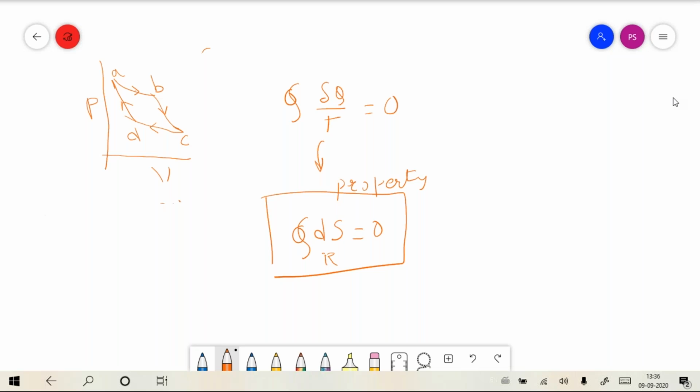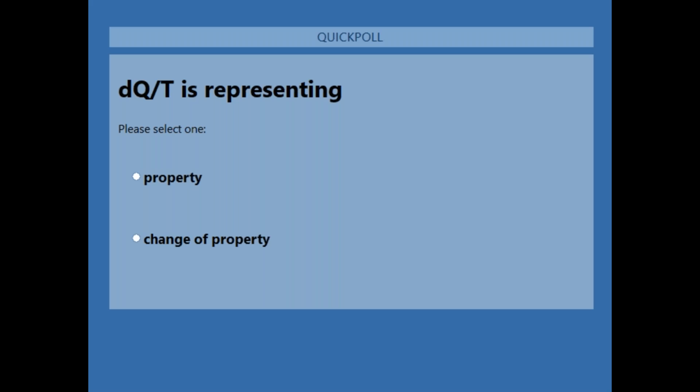Let me take the next question. The integral of del q by T is representing what? Whether it is representing property or change in property.